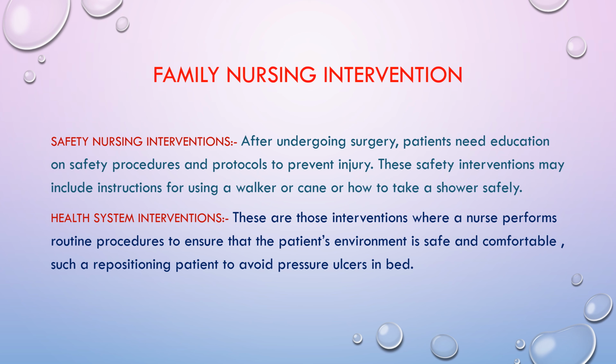In that case, your main aim is to provide a safe environment for the patient by providing air water mattresses or by turning the patient to one side or another frequently so that bed sores will be prevented, or avoiding slippery floors, or educating the patient regarding the type of floor or use of slippers to prevent falls. So these interventions which will help to make a patient's environment safe and comfortable are called health system interventions.